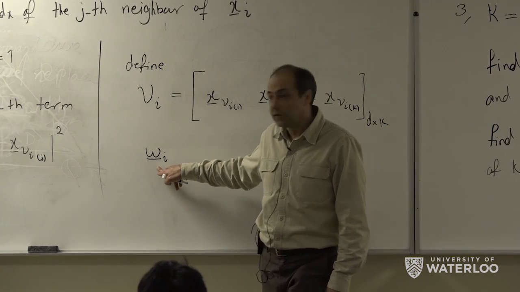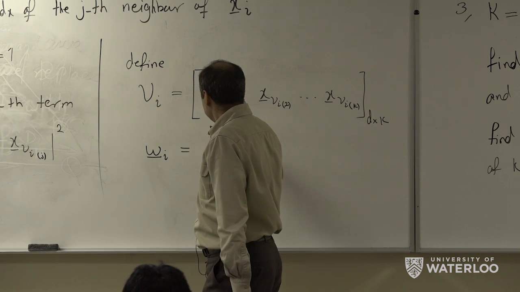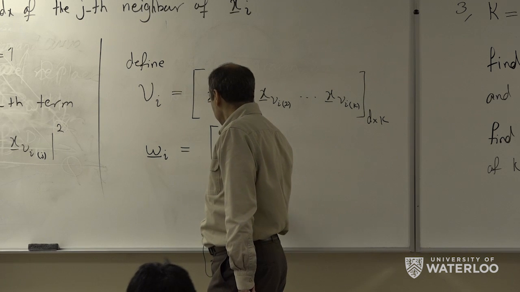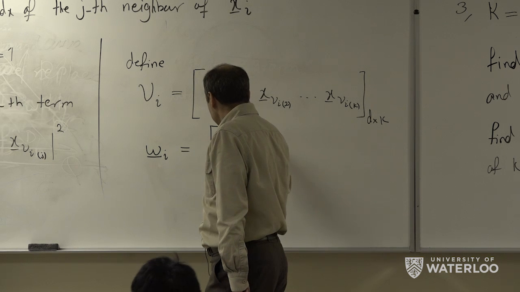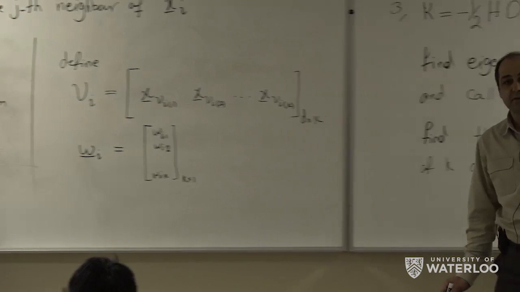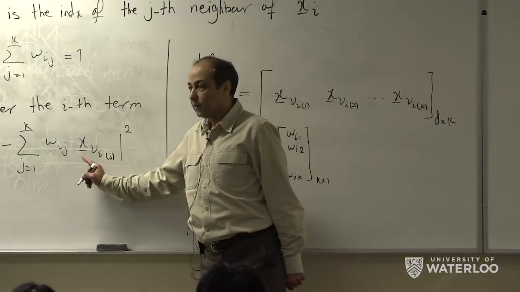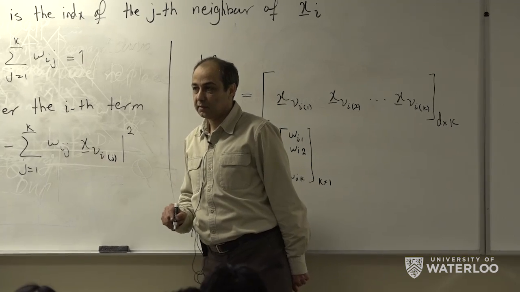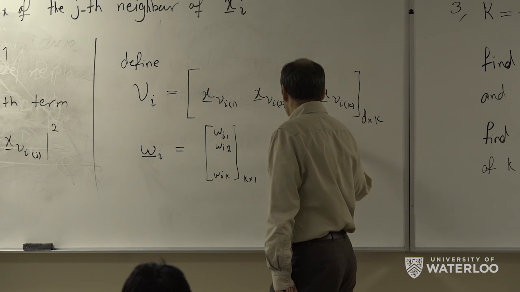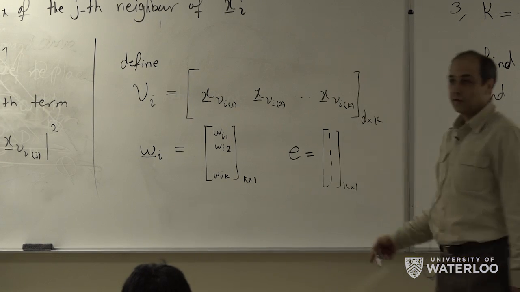I define vector Wi to be Wi1, Wi2, up to Wik, a k by 1 vector. So all the weights that I need for the reconstruction. And I also define E to be a k by 1 vector of all ones.